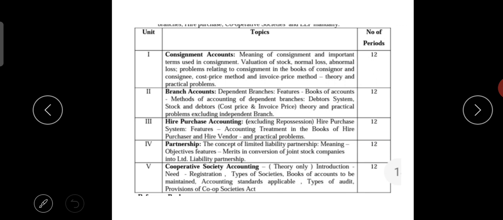It is also a type of trade, or it is an agreement between two persons where the goods are sold on hire, and the price of the goods has to be paid by the purchaser on installment basis.